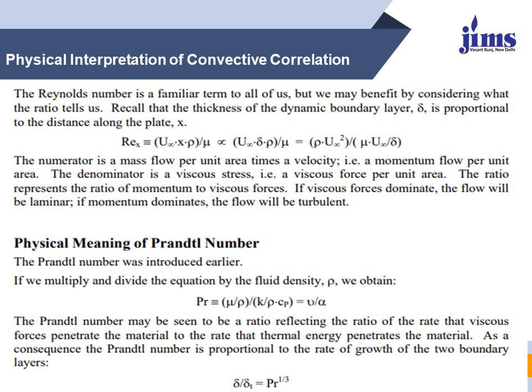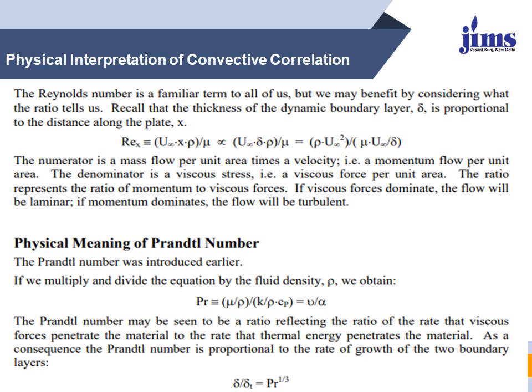The numerator is a mass flow per unit area times a velocity, that is a momentum flow per unit area. The denominator is a viscous stress, that is a viscous force per unit area. The ratio represents the ratio of momentum to viscous force, and if the viscous force dominates, the flow will be laminar. If the momentum dominates, the flow will be turbulent.